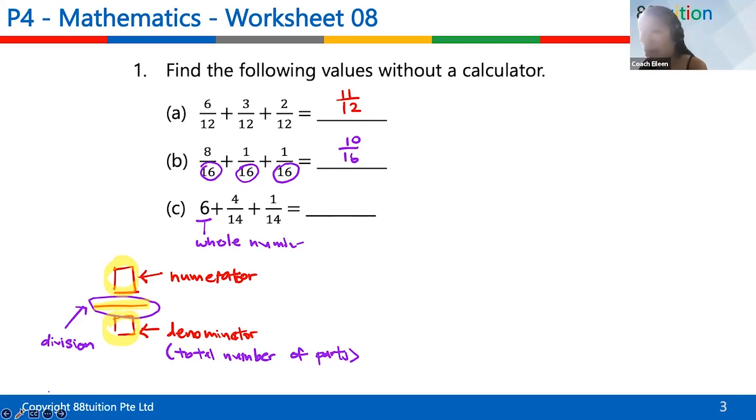So what could my answer be? Ifras, yes. 11 out of 14. But do you realize my 6, right, doesn't have a denominator? Correct, no? So my 6 is actually 6 wholes.